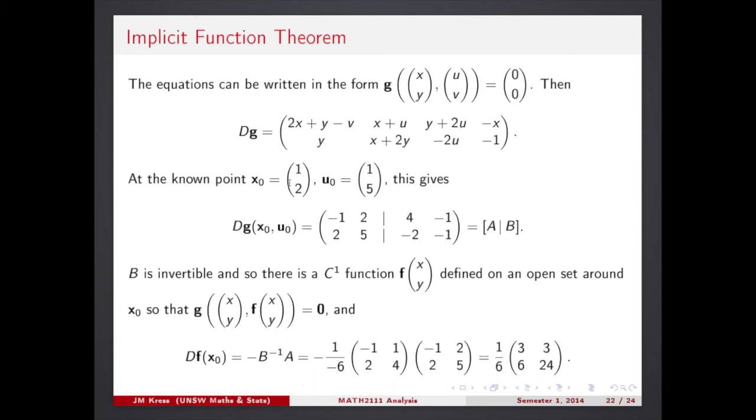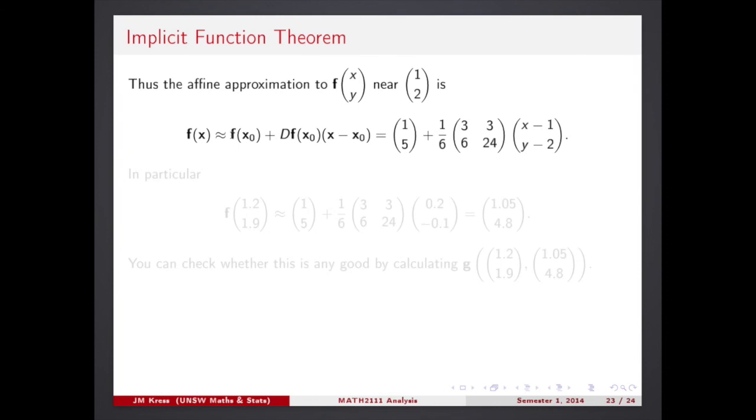So if you need the affine approximation now, every component is in front of you. The value of the function at x0 is here, it's u0. The derivative of my function f at x0 is this matrix, and that's multiplied by the increments. So here's my affine approximation.